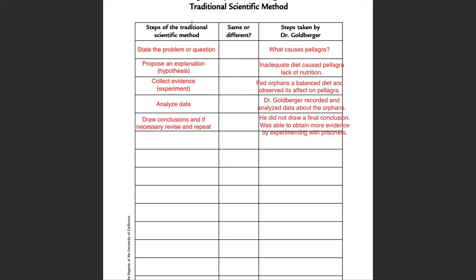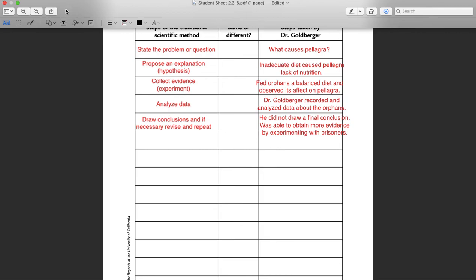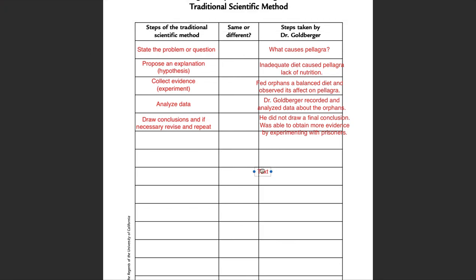Now we have our traditional steps compared to the steps taken by Dr. Goldberger. Now we are just going to comment on whether each step is the same or different. Step 1, state the problem or question. Do we have a problem or question here? Yes, so step 1 would be the same.